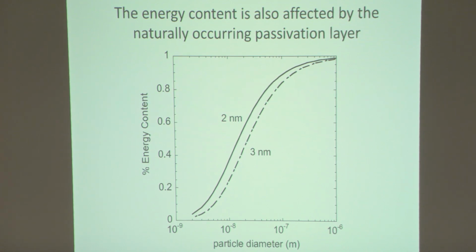So if I get down to something like, this is a micron, so here I'm maybe 50 nanometers, you can see that 50% of the energy is lost because I have a relatively thick oxide layer surrounding a core of aluminum. So immediately one of the questions as people started working with this is, if I keep going to these smaller and smaller particles, I've got to do something about removing that oxide layer. Otherwise, I'm losing all the advantages of adding metals to my energetic materials.